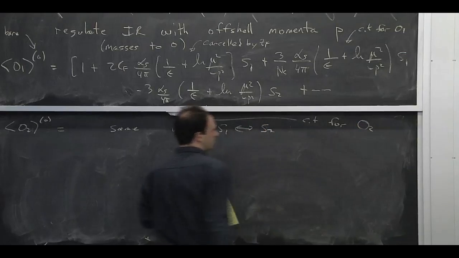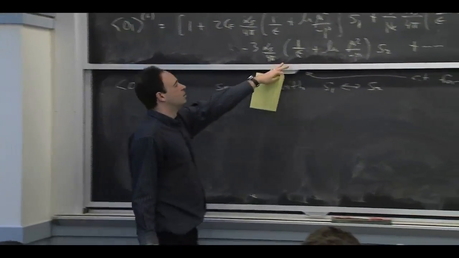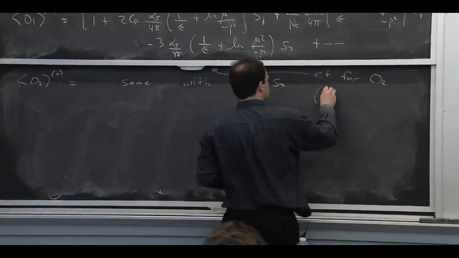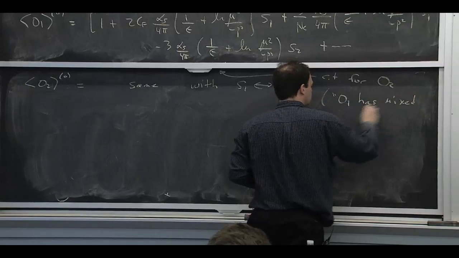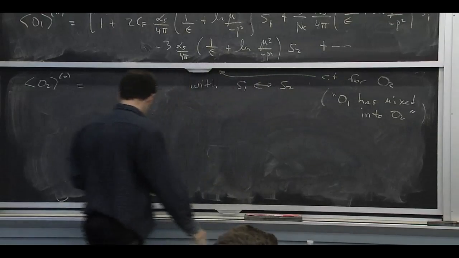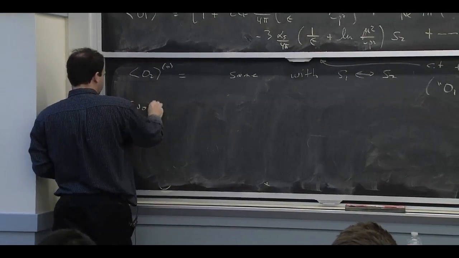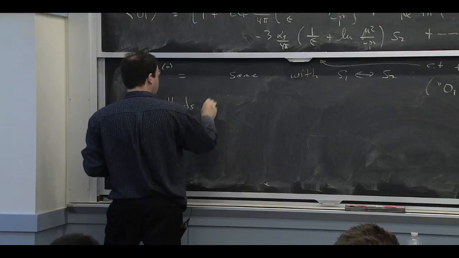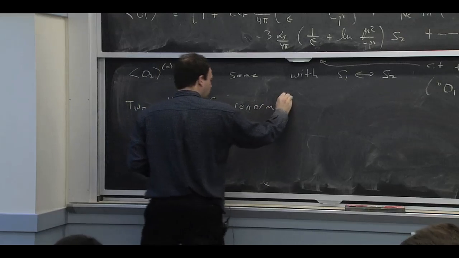And the language you use is you say that O1, which we're calculating, has mixed into O2. Okay. So there's two different methods we could use to carry out the renormalization here that are actually equivalent.